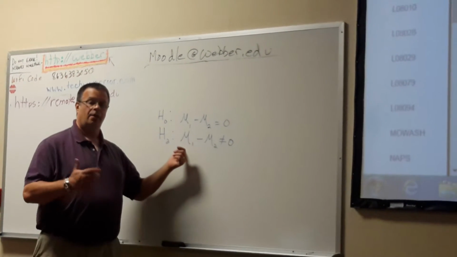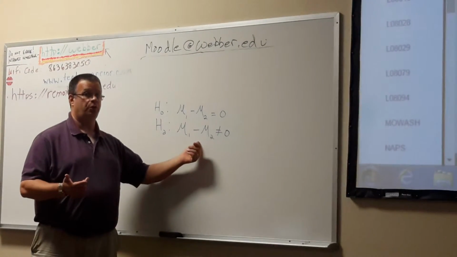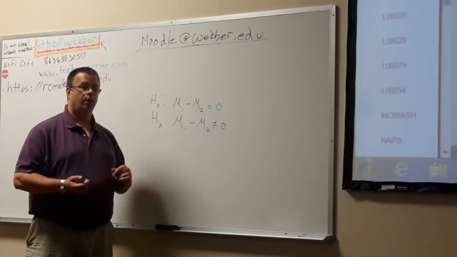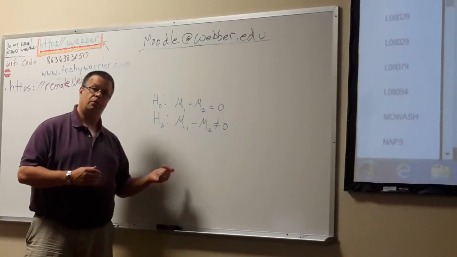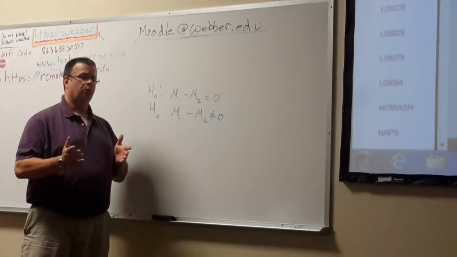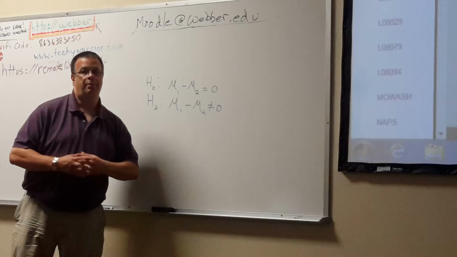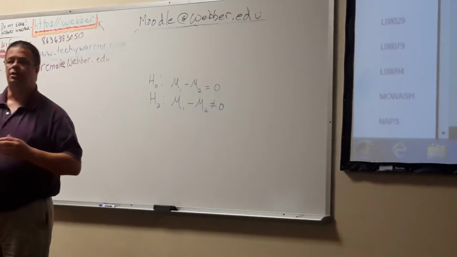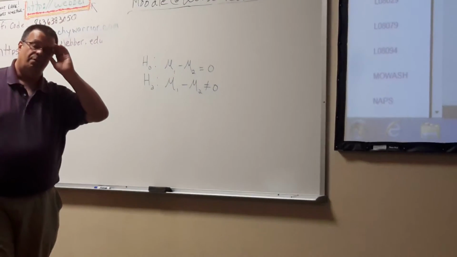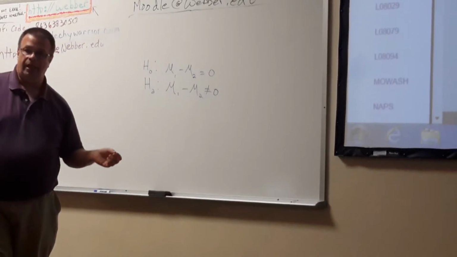We might think that the mean for the first group should be larger than the mean for the second group, so we'd have a greater than symbol here. Or if we thought that the mean for the first group was lower than the second, then we'd have a less than symbol there. Regardless, our null hypothesis is always going to be that the difference between those group means is equal to 0. And notice I've got the symbology there for the population mean.